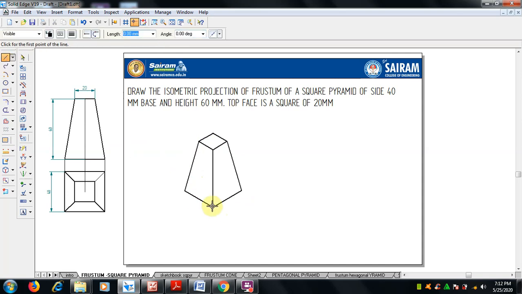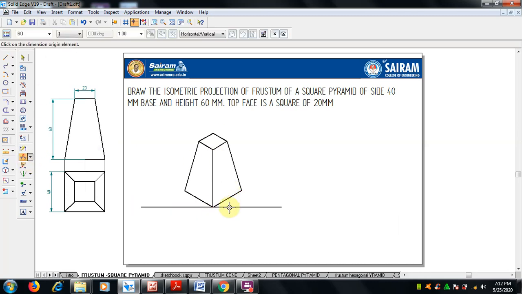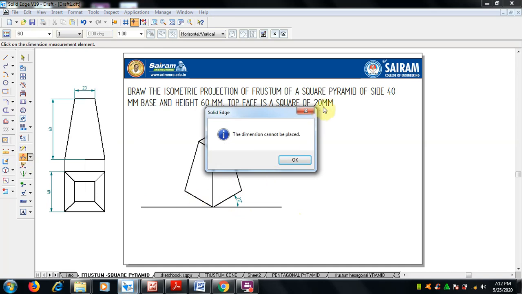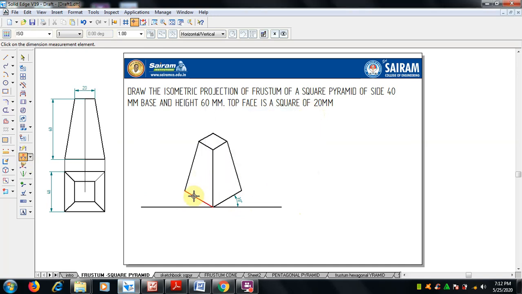We can show this, just draw a line here and show the dimension, the angle between the reference line. This is 30 and here also mention and show the angle 30.